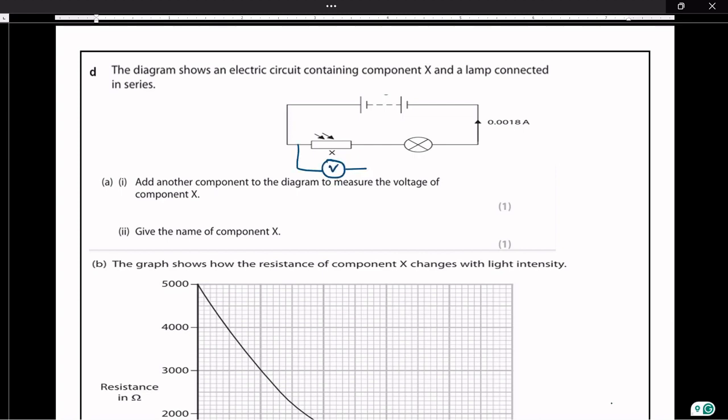So we are connecting a voltmeter across it, the voltmeter parallel to X. Give the name of the component X. See, the arrow shows that light is falling on the component. So this component depends on light. It is nothing but a light dependent resistor, LDR.